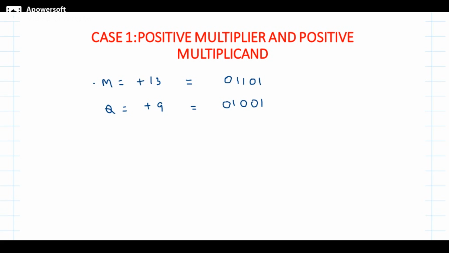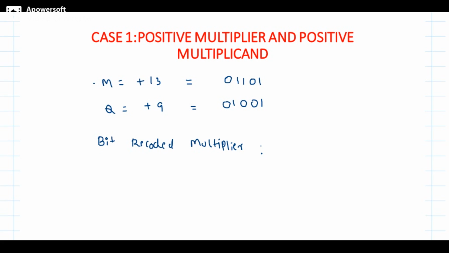So now, in the case of Booth algorithm, initially we have to compute the bit recoded multiplier. For that, initially write q as it is.